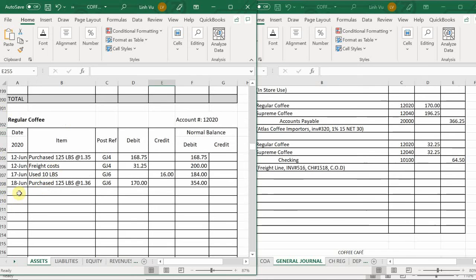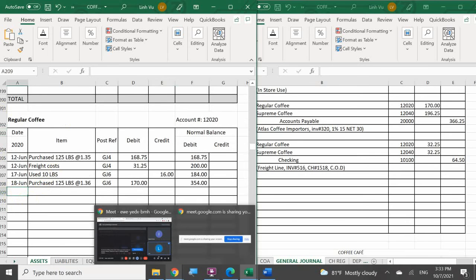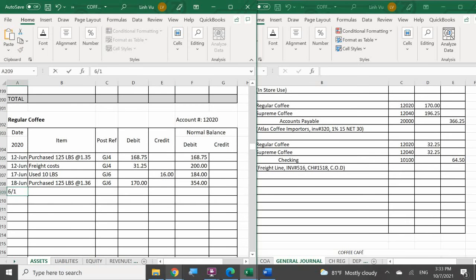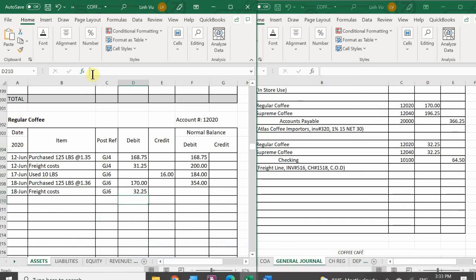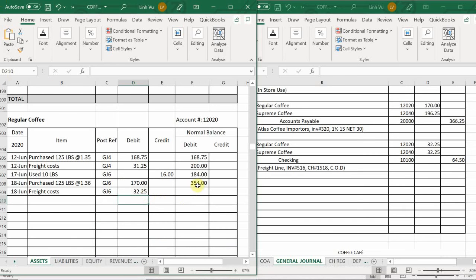We have a line item for freight cost. Freight cost, journal 6, for how much? 32.25. Okay, 32.25. So in this case, what's my grand total in my regular coffee account? 386.25. Okay, 386.25. Good. All right.